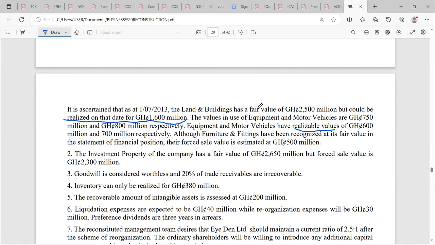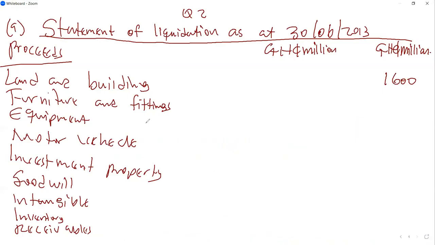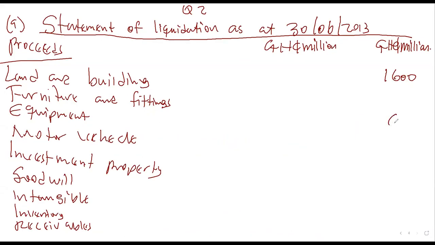NRV is preferable much more to the value in use. So we have to use 600 for equipment and 700 for motor vehicles. Now let's continue with the storyline.